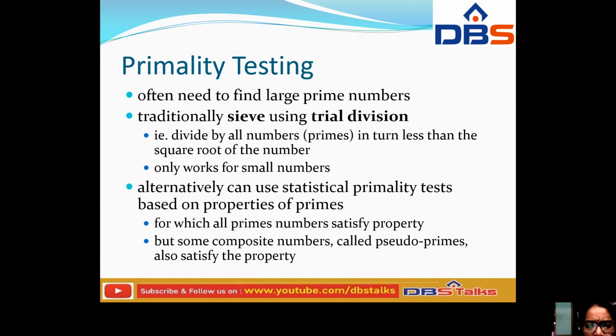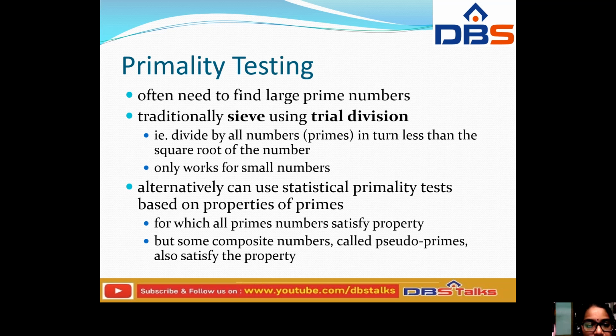Here, we often need to find large numbers. If you are going to find primes, traditionally it is by using the trial division. Whenever you are dividing by all the primes, in turn, they should be less than the square root of that number. Whenever you use the square root of that number, it only works for small numbers.